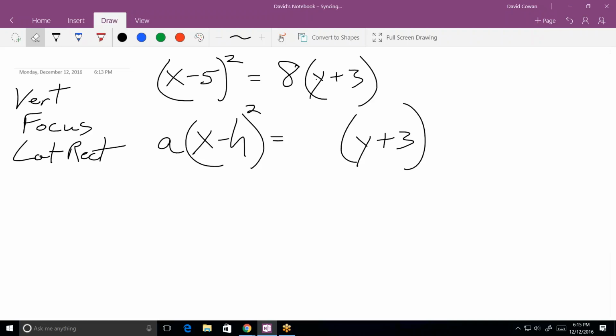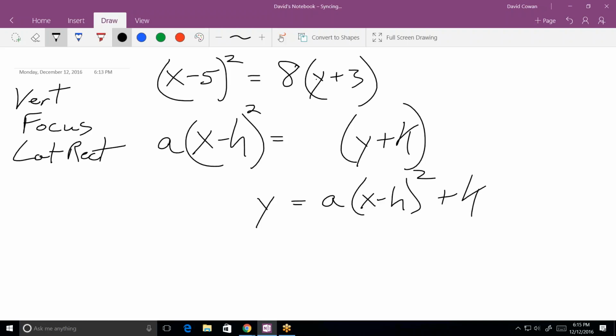So that's the general format. If you remember the general format of a parabola from your Algebra 1 days, y is equal to a times (x minus h) quantity squared plus k. Well, this is really no different than that. The only thing I've done is move the k to the other side. You with me?